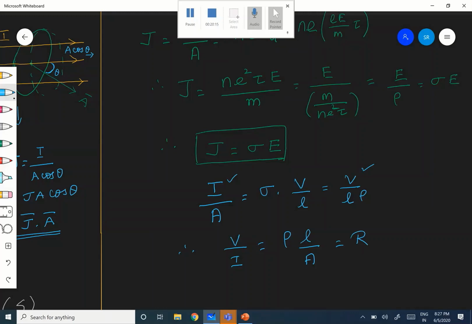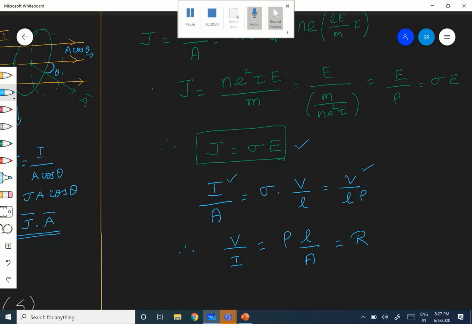So, we started from J is equal to sigma E. Also, J is I by A, and E is V by L. Therefore, from that you are bringing it to Ohm's law, correct?